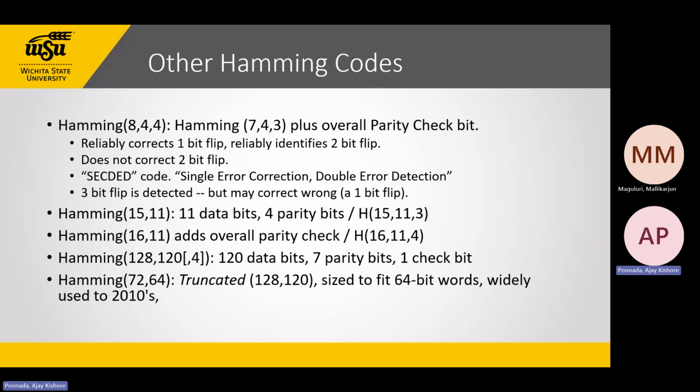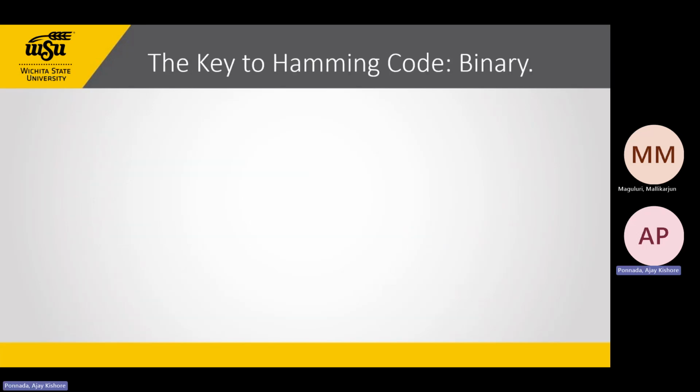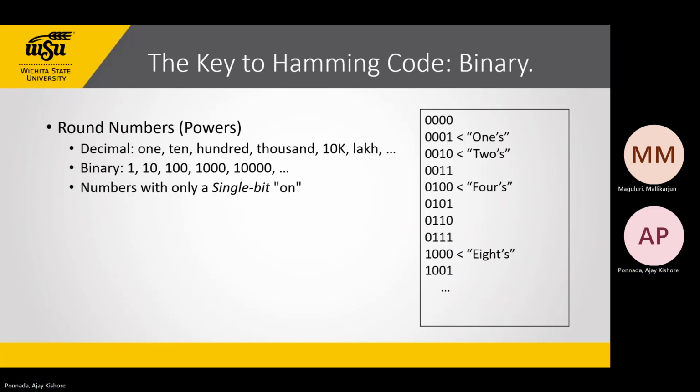So you can see other Hamming codes like 15 11, 16 11, 12 8, and so on. Modified Hamming code is still used today in many memory chips. So it's still useful to learn Hamming code even today. Key to Hamming code: binary, round numbers.